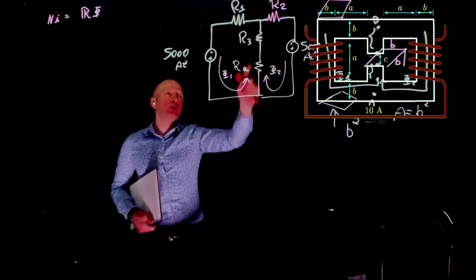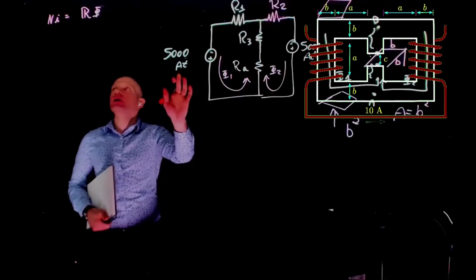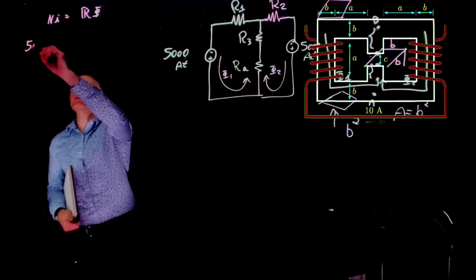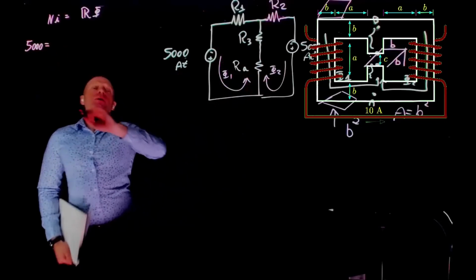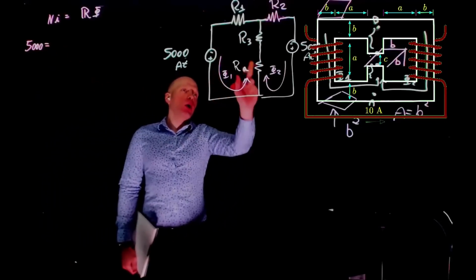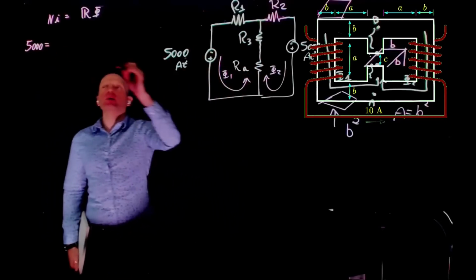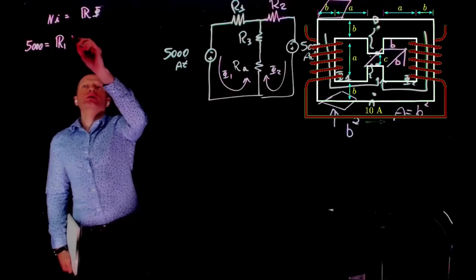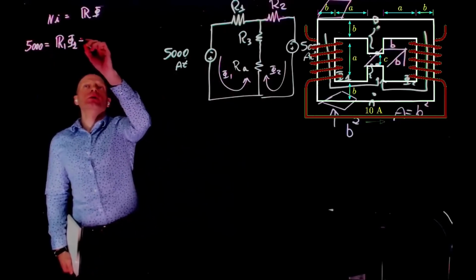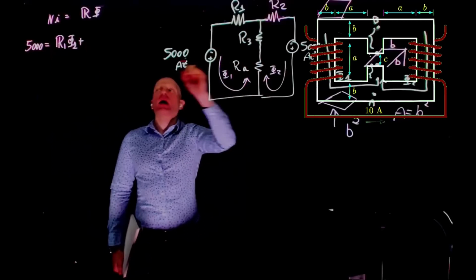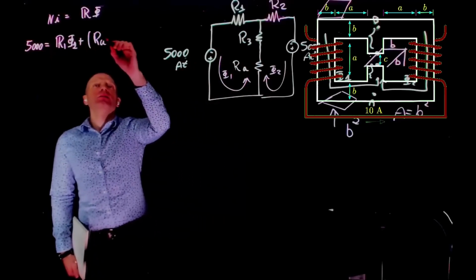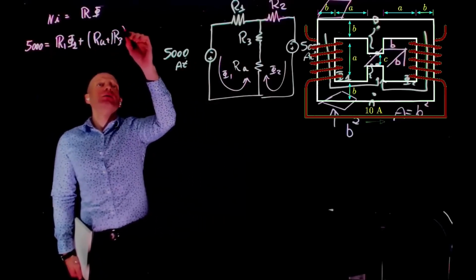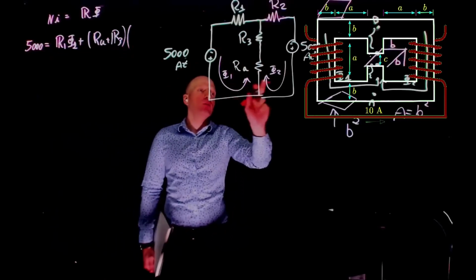So let's start with the loop on the left. We have the input Ni, which is 5,000. Let's follow phi 1. What do you have? We have R1 times phi 1 plus R2, RA plus R3 times phi 1 plus phi 2.